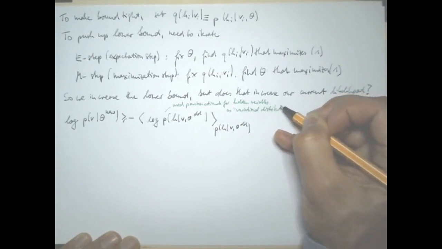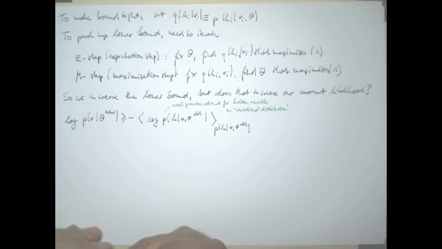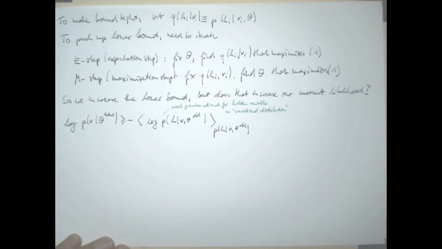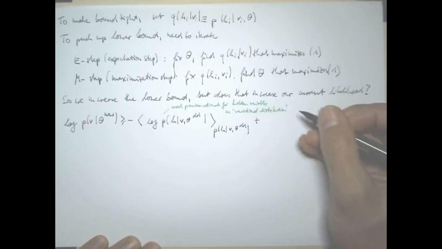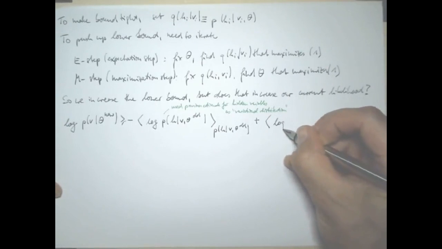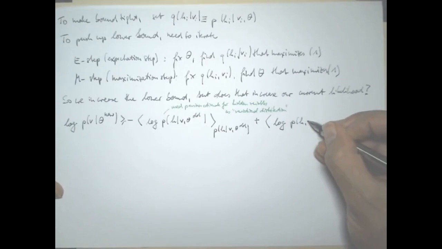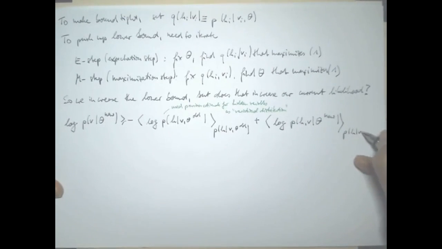So this is where I previously had this distribution Q, and I've replaced Q by this best estimate, the one that made the bound tight, using the old values of my parameter estimate. Old, old, new, and old.